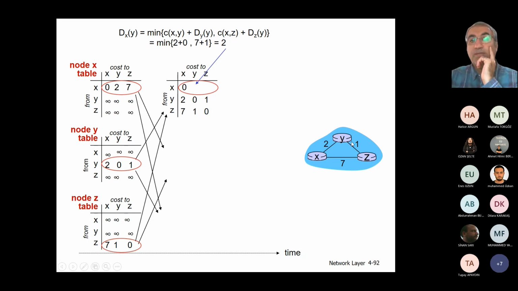So there are two neighbors basically for X. One of them is Y, the other is Z. For Y, the cost is 2 and y to y is 0, so 2 plus 0.